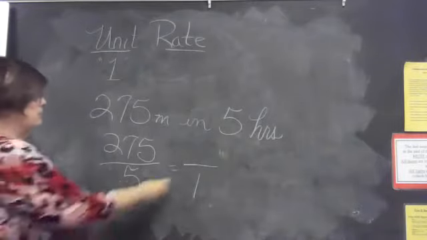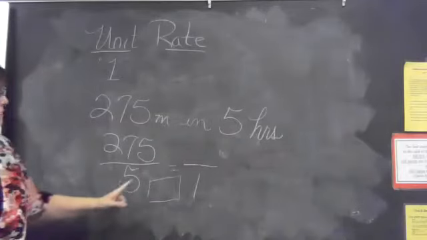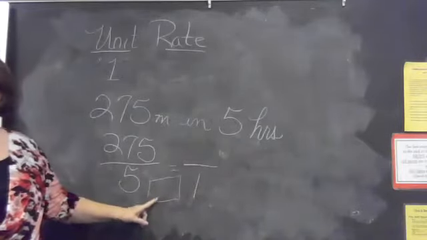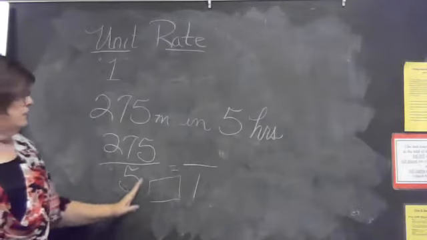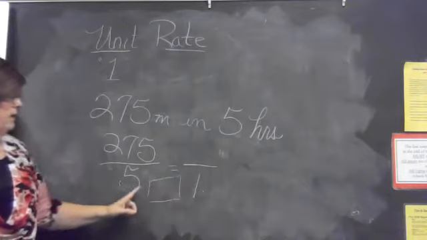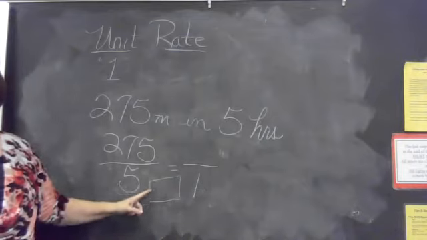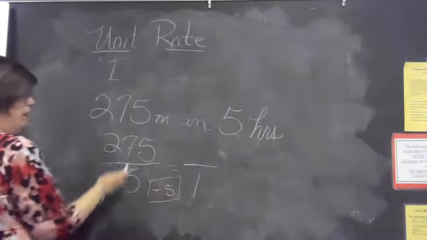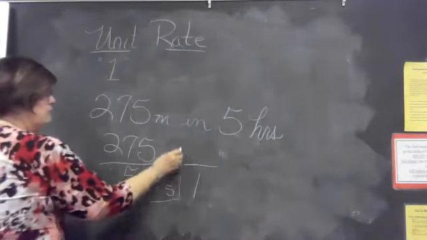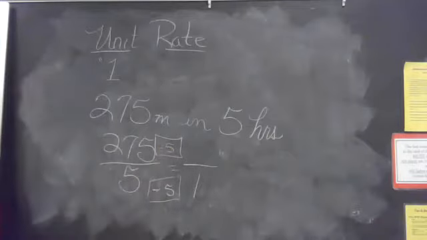So what did we do here? From here to here, what did we do? It was 5 and now it's 1. What mathematical operation happened here? Dividing? Yes, by 5. We divided by 5, so in a fraction, we have to do the same thing up here, right? Divide by 5.